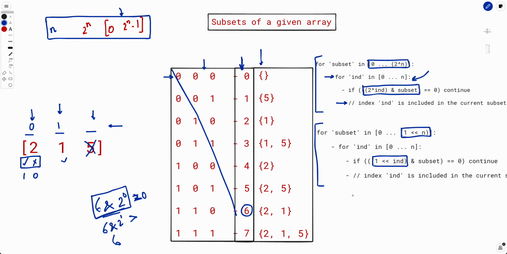I will try to link some of the practice problems for finding subsets, where you can apply this algorithm, in the description below. So for now, what we know is, given an array, how to find subsets easily. We will just iterate from 0 to 2 to the power n and figure out what the subset is.